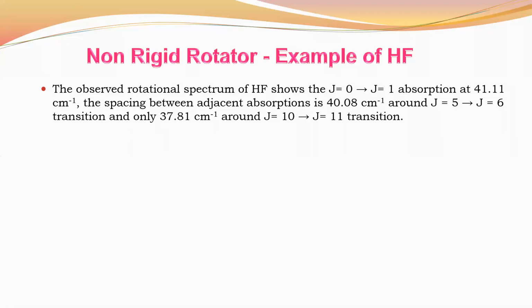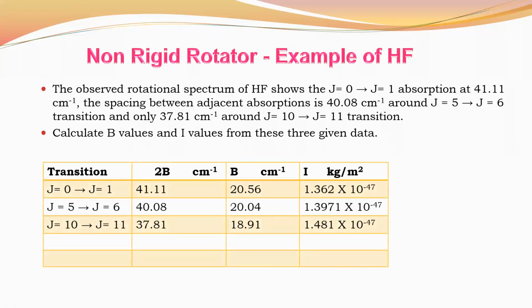Okay, so from this we can first find the value of 2B. We have the spacing between adjacent lines, which is the value 2B, then dividing it by 2 we will get the value of B, and when we know the value of B, we can obtain the moment of inertia.